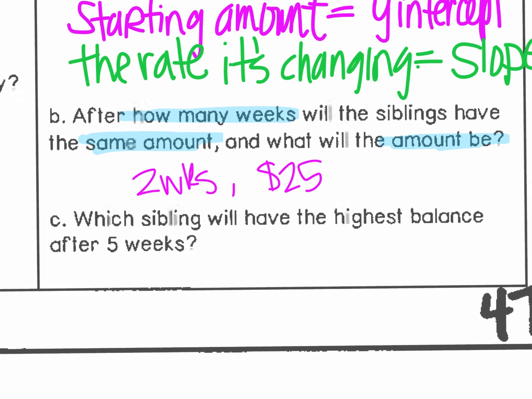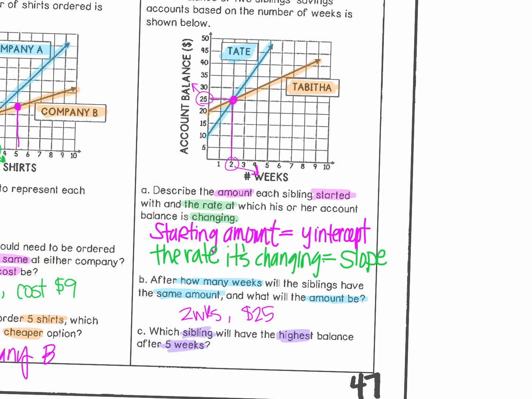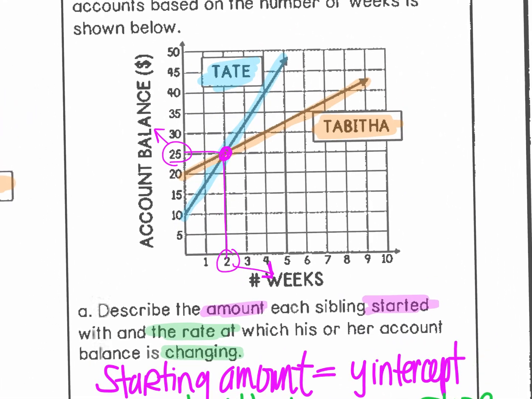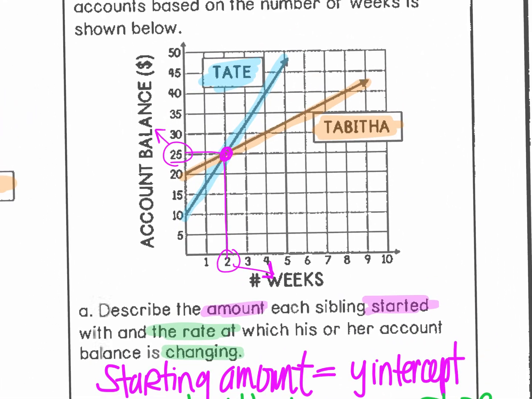Then last question, it says, which sibling will have the highest balance after 5 weeks? Not how much, but just which sibling. Okay, so go back to my graph. I am going to go on the number 5 because it said go to 5 weeks.